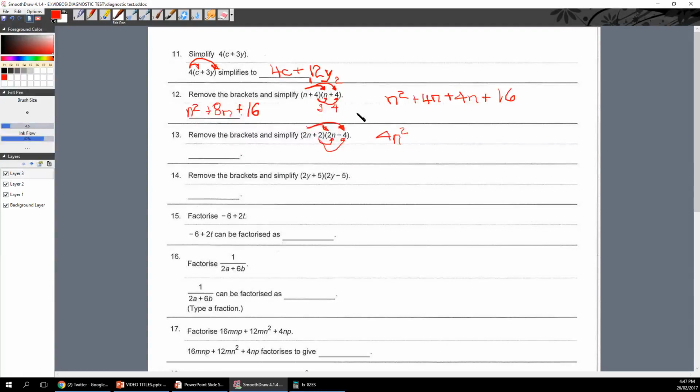Following the same pattern here, 2n times negative 4, that's going to be negative 8n. And that's going to be plus 2 times 2n is 4n, and then plus 2 times negative 4 is going to be negative 8.